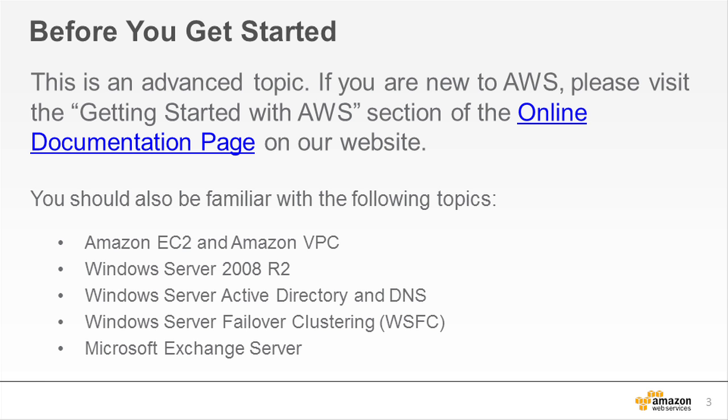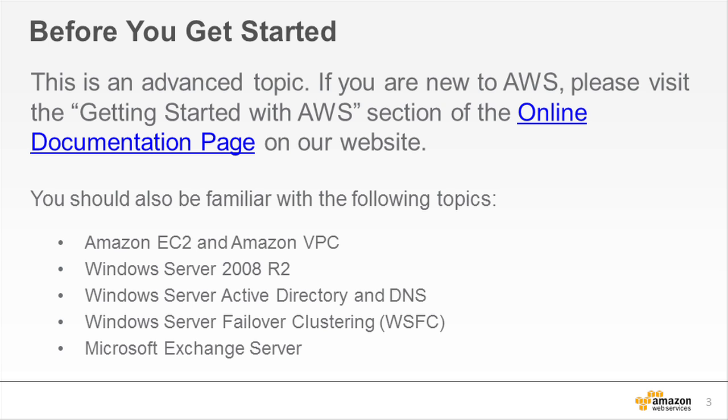Instead we focus on the key points that are different when it comes to deploying Exchange in the AWS Cloud. So you should be familiar with the concepts of EC2 and Amazon VPC, general Windows Server 2008, Active Directory and DNS, and as we also talk about database availability groups, the concepts of Windows Server failover clustering, and of course Exchange Server.